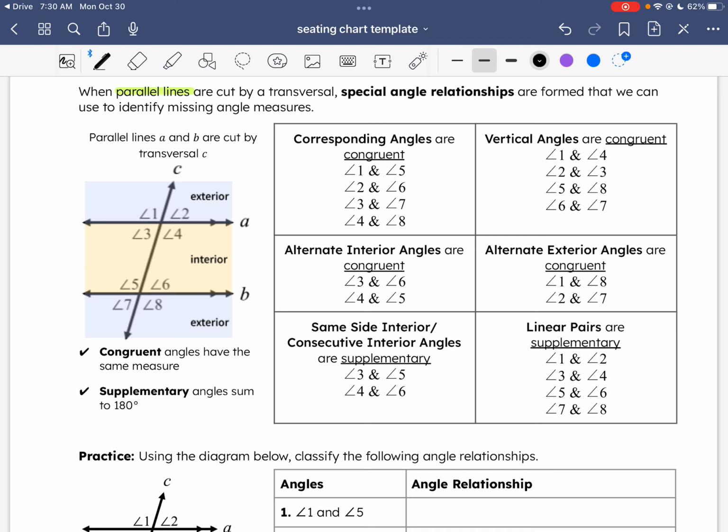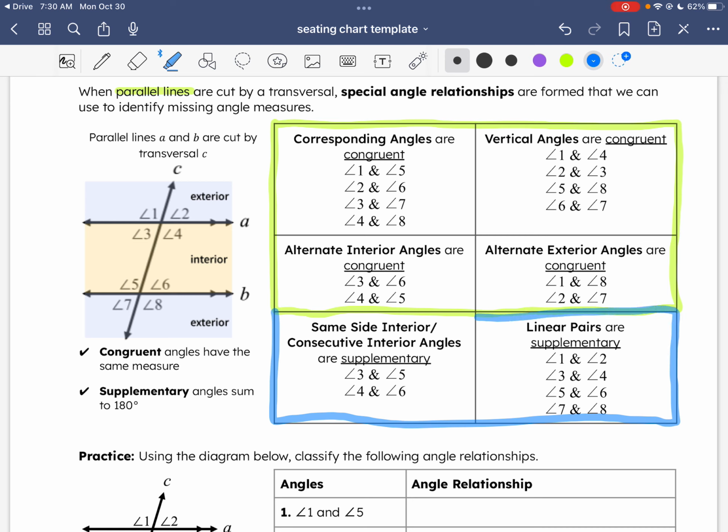So we have 4 angle relationships that prove congruency. Those are corresponding angles, vertical angles, alternate interior angles, and alternate exterior angles. And there are 2 angle relationships that prove that the angles are supplementary, which means that the angles sum to 180 degrees.